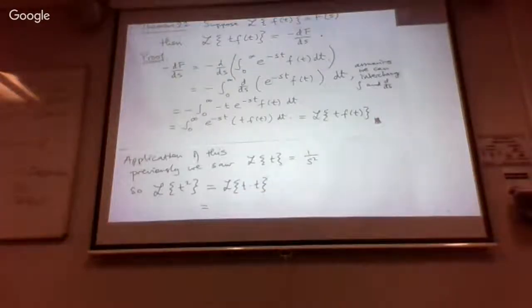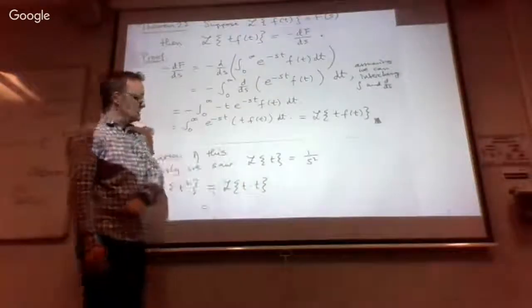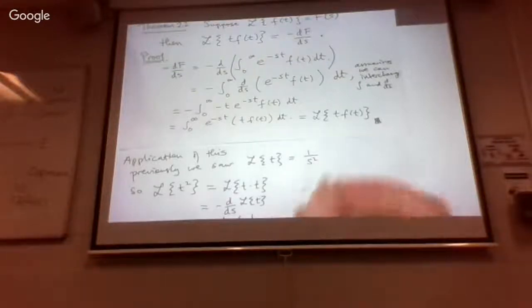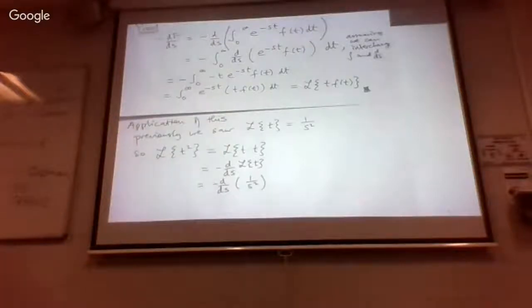So we can apply the previous result. The Laplace transform of t times t is just minus d/ds of the Laplace transform of t, i.e. minus d/ds of 1 over s squared. And what's that?